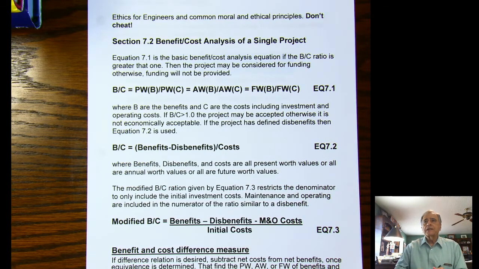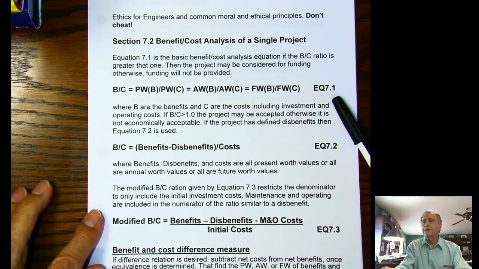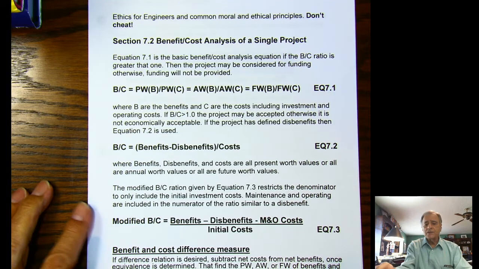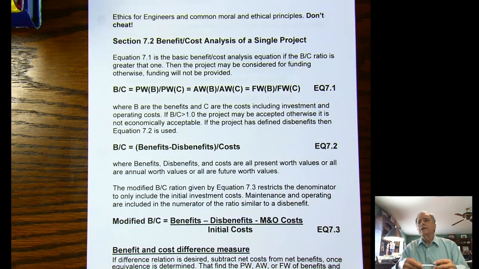Benefit cost analysis of a single project is our next section, section 7.2. And the basic benefit cost ratio is given by equation 7.1. And the first thing we have to do is decide, are we going to use present worths of the benefits and the cost, or are we going to use annual worths of the benefits and the cost, or are we going to use future worths?